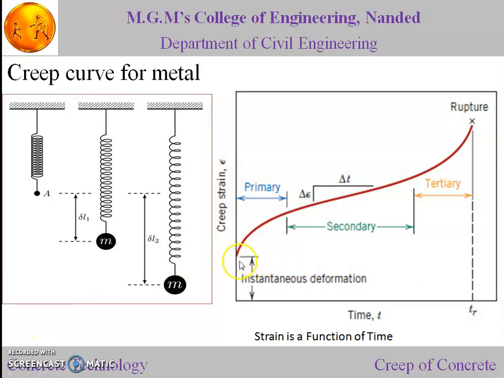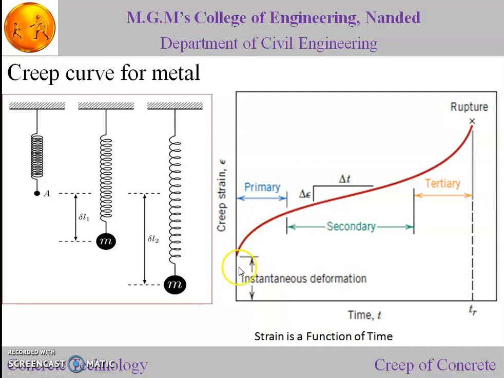So we'll focus on this creep curve of the spring. When we are plotting the creep curve, as creep is a function of strain and time, we have to plot this graph of strain versus time.